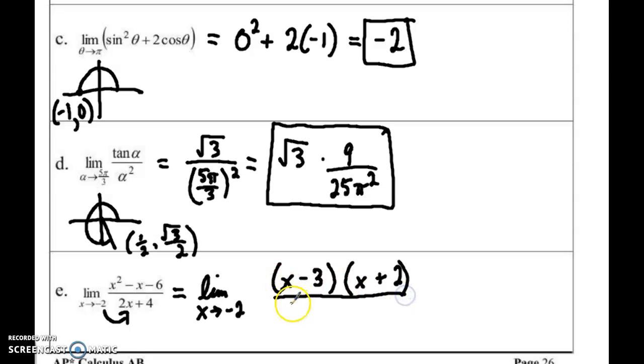The denominator is factorable too, you're just factoring a greatest common factor 2 out. As we're looking at that, I can change colors for you, we can cancel out the x plus 2, and now we can plug in -2 into that problem. -2 minus 3 is -5, and there's a 2 in the denominator, and that is it.